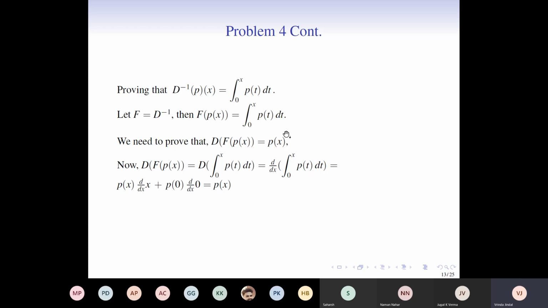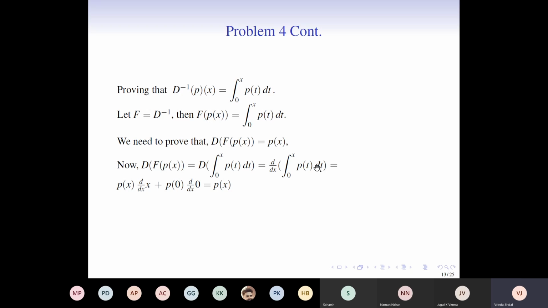Note that this type of derivative of an integral works only when the function being integrated is not a function of x. If this had been p(t, x) and we had been integrating over dt, then we would have gotten a partial derivative with respect to x as well.